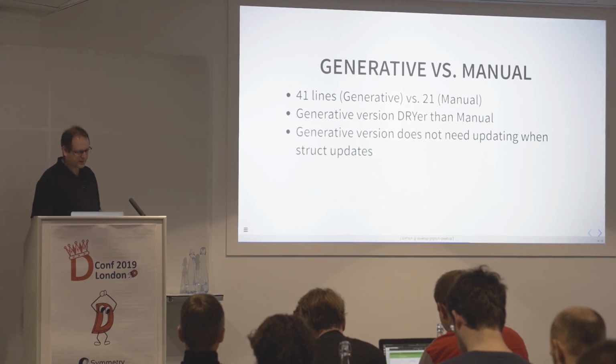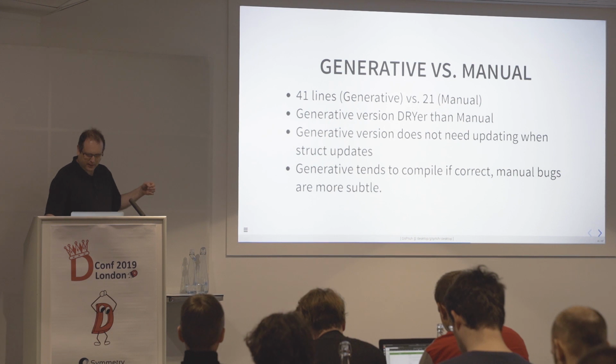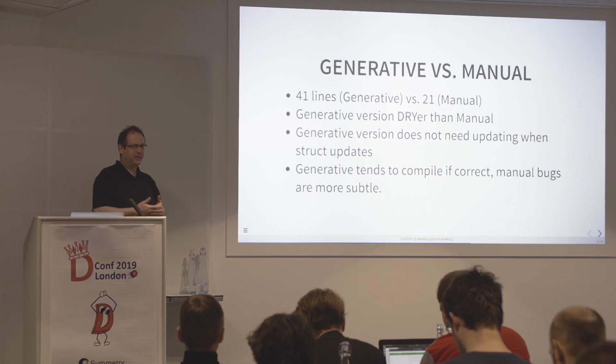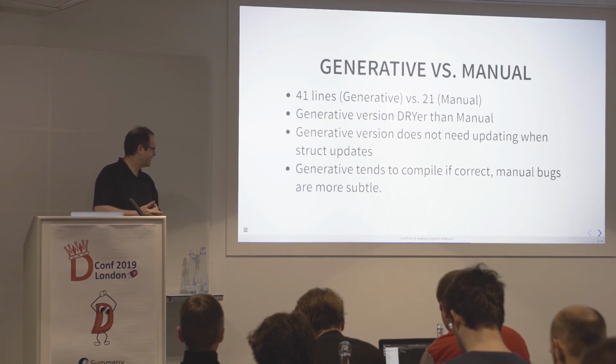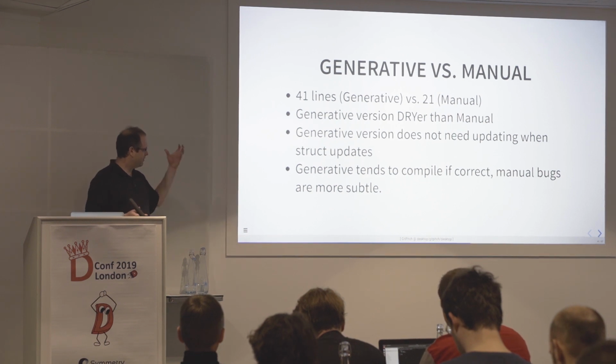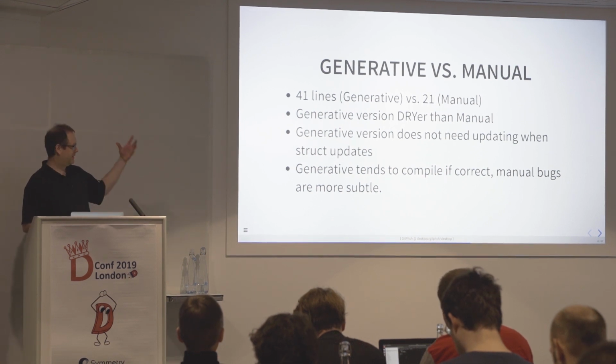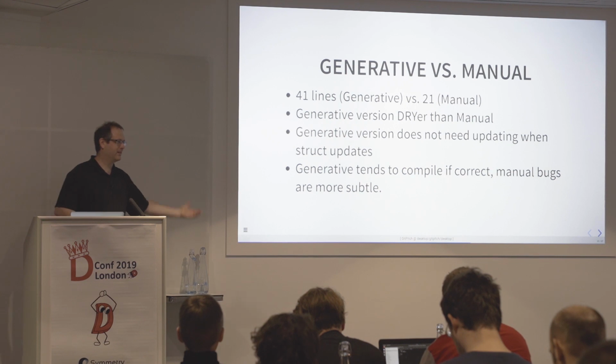The generative function doesn't need updating, as I just said. And this is the other thing. If you make a mistake in your generative code, it usually blows up really loudly during compilation, whereas manually you have a chance to write bugs in every single line, and they're usually more subtle. Like the thing with the location, that's corrupted data if you wrote them out of order.